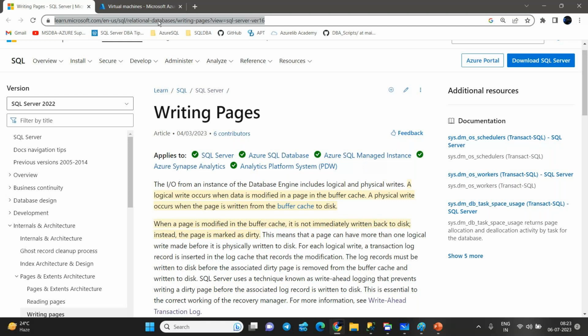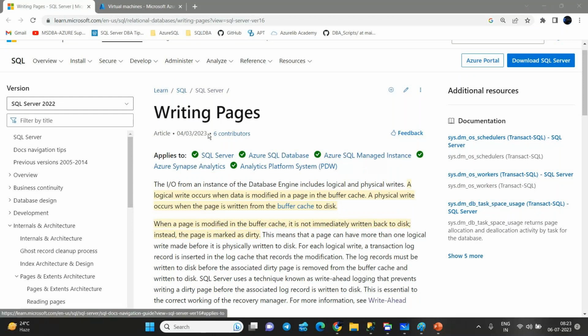Whenever you are reading any article related to Microsoft, check which platform the article is compatible with. This entire page is compatible with on-premises.